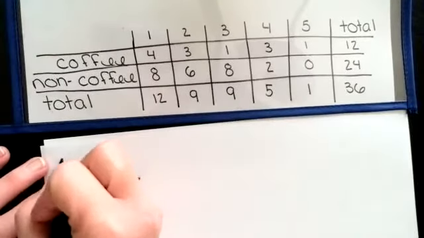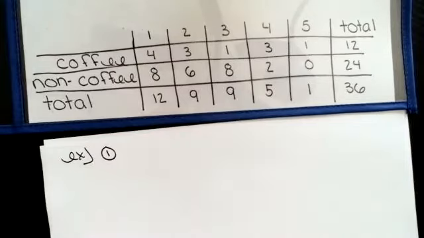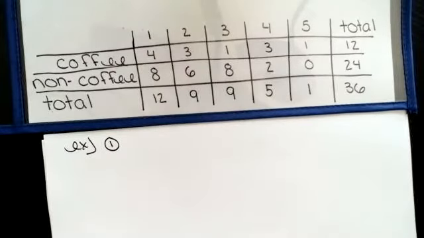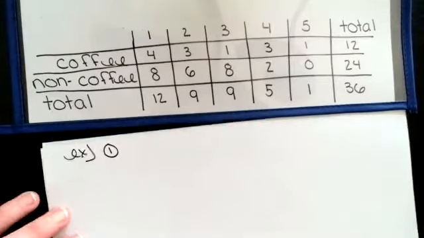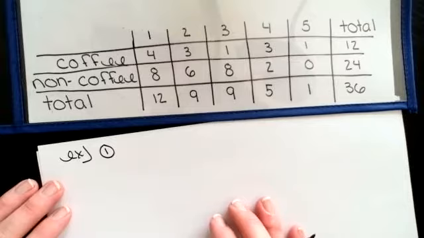So for this example, we're going to look at some conditional stuff here. So let's write it out and then we'll write the notation just like we did last class.